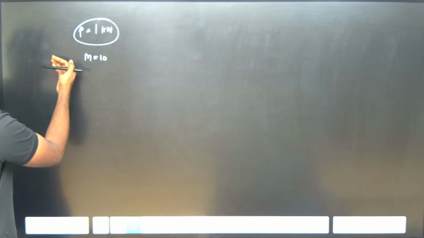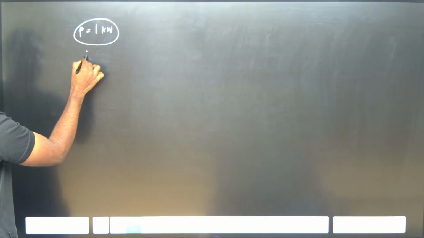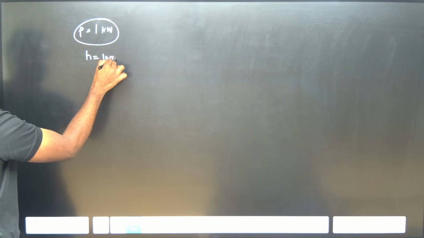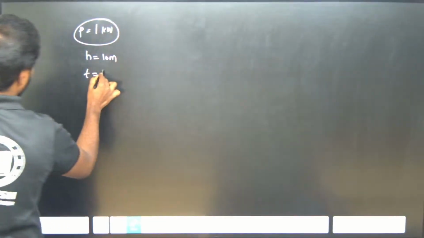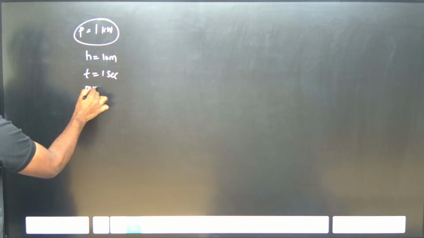Let me take that height as 10 meter. Then calculate the quantity of water pumped out per second. Only 1 second is given, t is equal to 1 second. What is the mass they are asking?